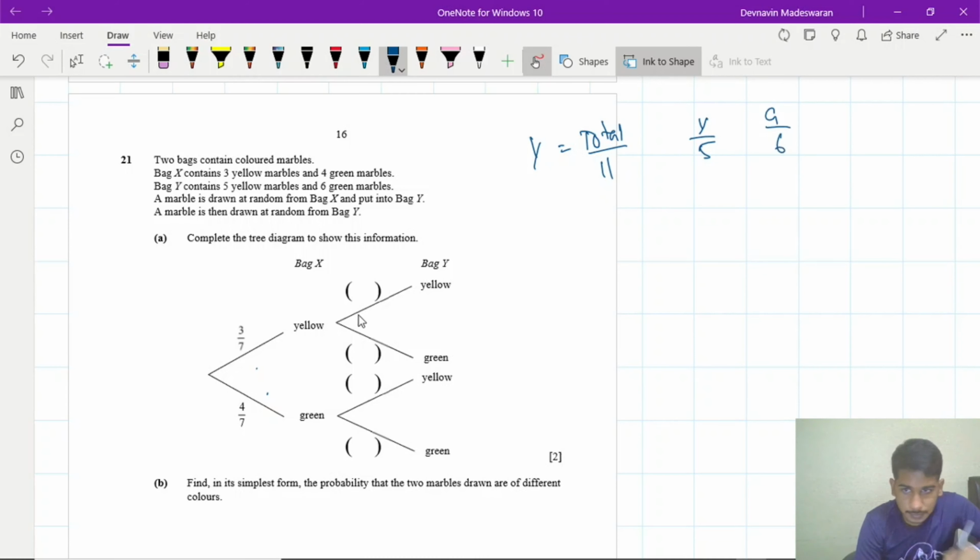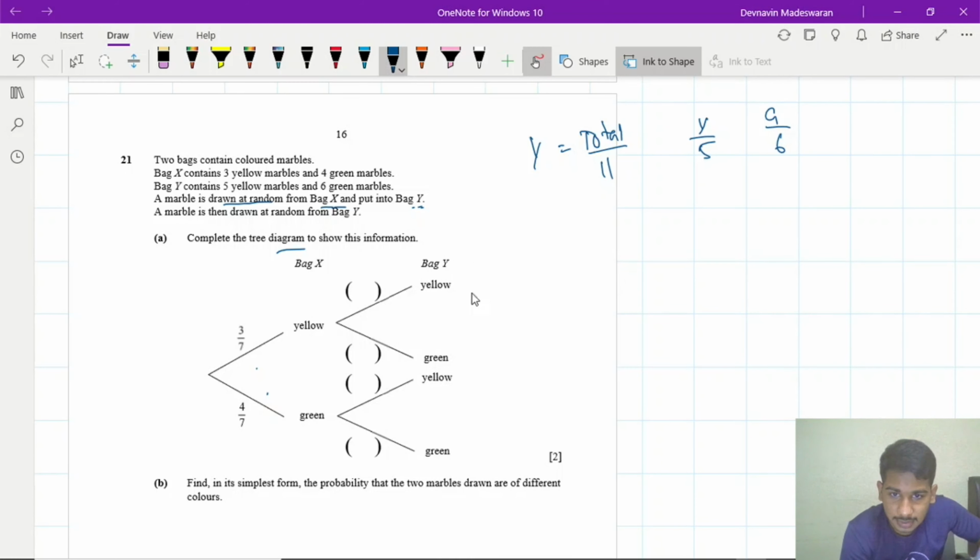Okay. A marble is drawn randomly at X and then put into Y. A marble is then drawn at random from Y. Okay, complete the diagram. So if yellow is drawn, which is 3 over 7, that is the probability. Good. So there's 1 extra yellow now.